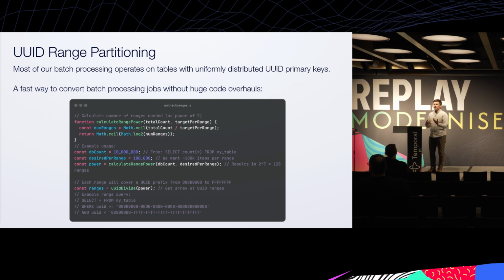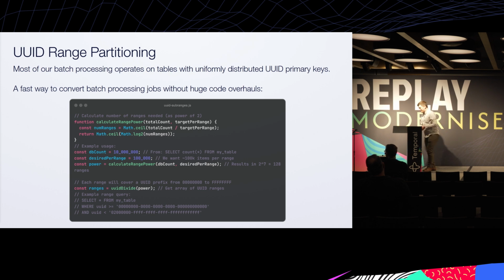If you've got a database table with a primary key that's just incrementing, then it's relatively easy to subdivide parallel execution into ranges, like do this many things at a time, evenly distributed. But with UUIDs, you've got randomness and you can't just increment over the range to get an even distribution. So we've written this little algorithm here.